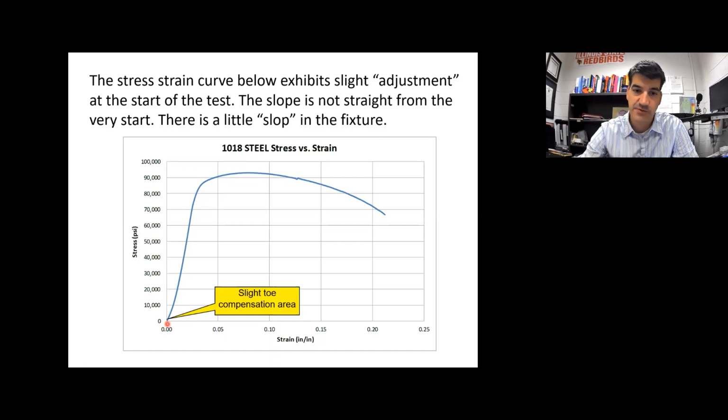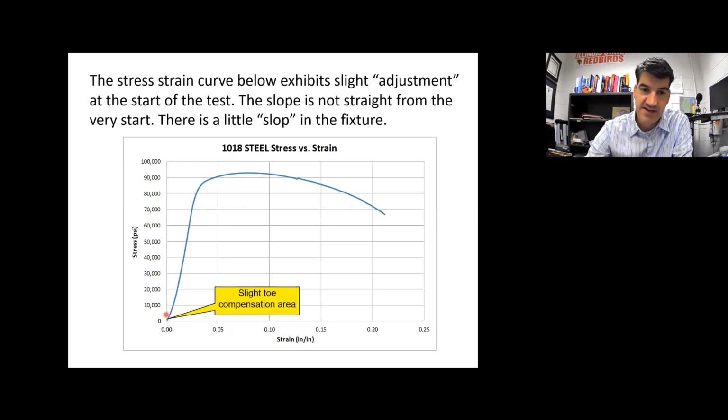And so that's why you could get some strain with very little stress initially, because you're pulling out any kind of slop or wiggle room in that test fixture. So that's why we try to tighten it up as best we can in those grips and in the test fixture. But every once in a while, all the same, you will see some toe compensation in your plots.